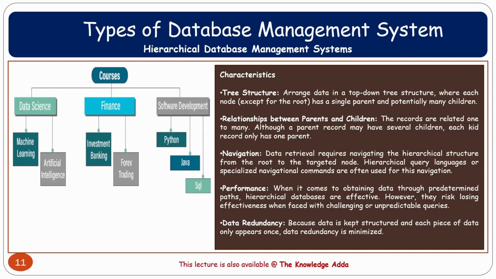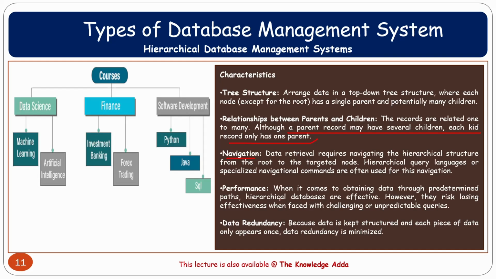First, this type of database management system has a tree-like structure, and the records are related one to many. So a parent record may have several children, but each child record only has one parent, which we have already discussed. And talking about navigation, there is a predefined path. By using that predefined path, we can access the data.